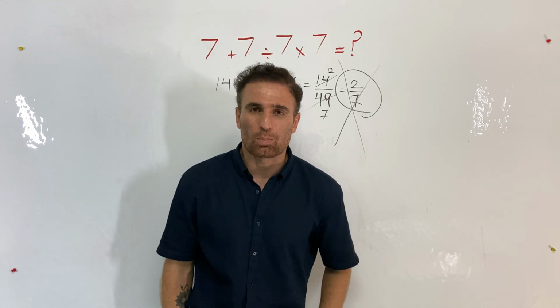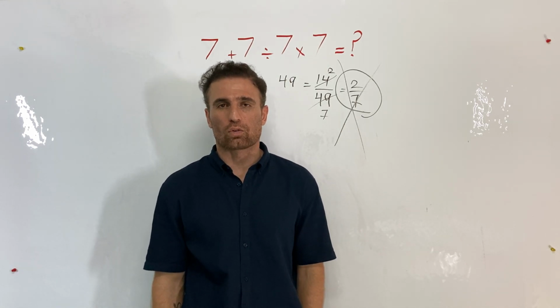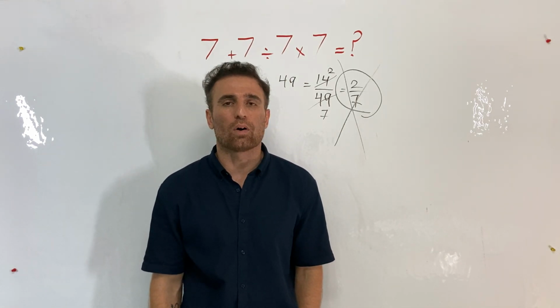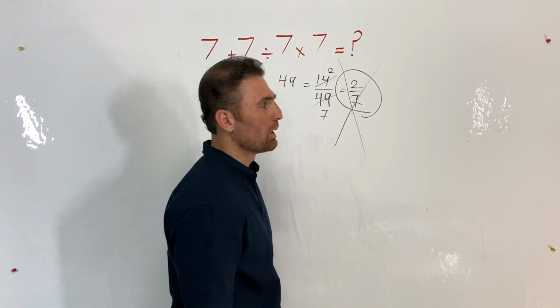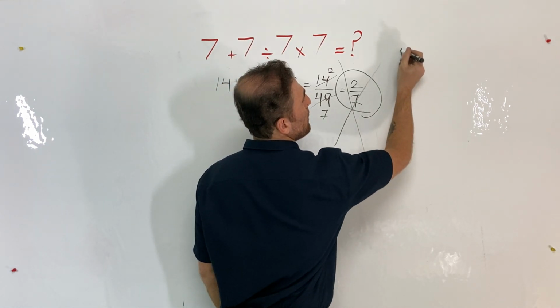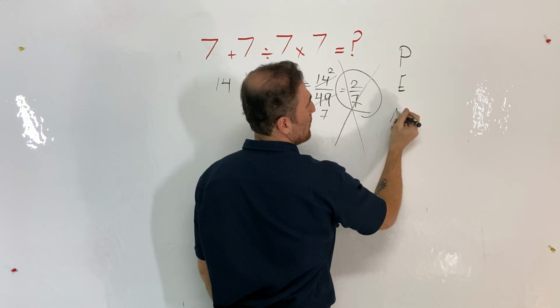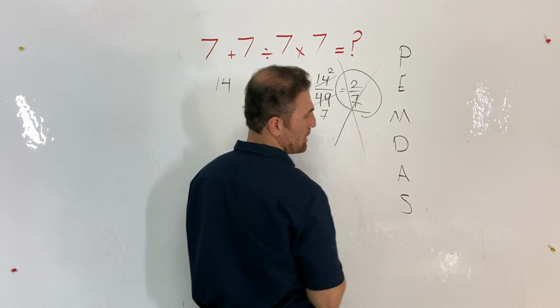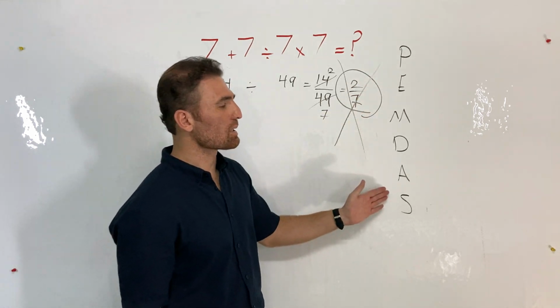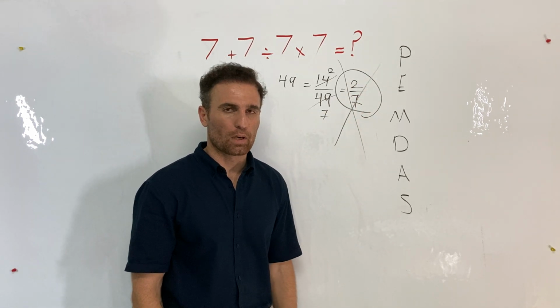To solve this type of question, we need to follow a set of rules that is called the order of operations. The order of operations can be remembered by PEMDAS, right? Each letter stands for a different operation.